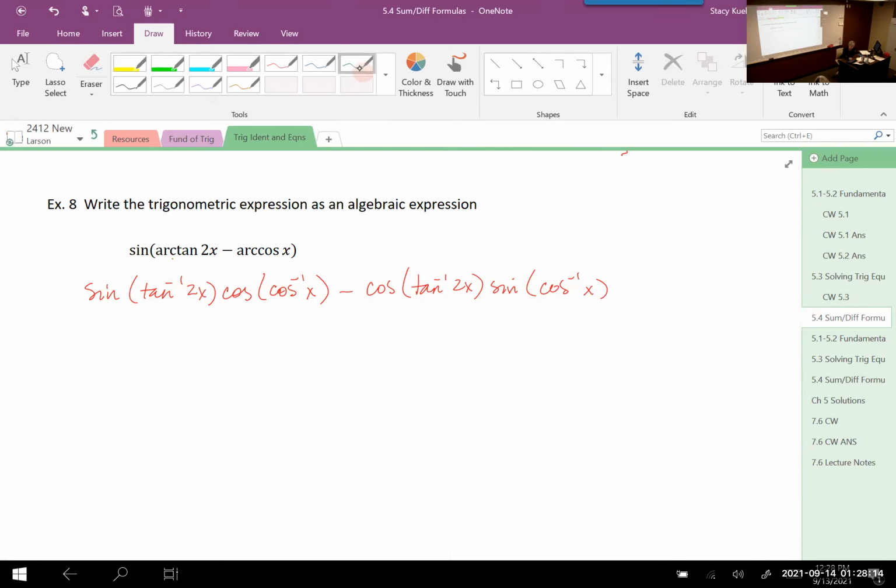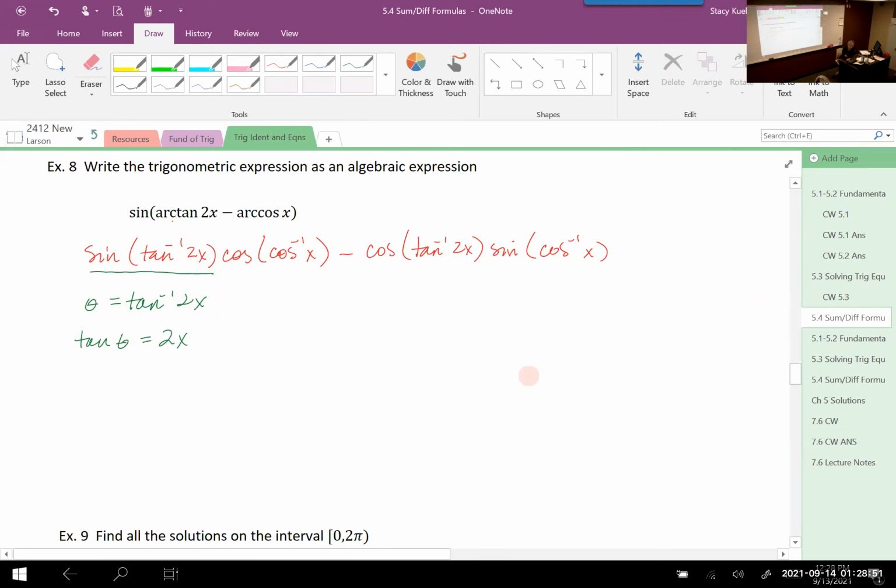Now I want us to focus just on this first part of that expression, the sine of the inverse tangent of 2x. Remember when we worked problems like that on the homework for inverse functions? We said, if I'm trying to simplify this, I'm going to let theta be equal to the inverse tangent of 2x, and therefore tangent of theta has to be equal to 2x, right?